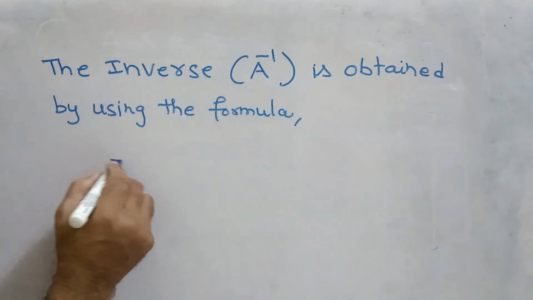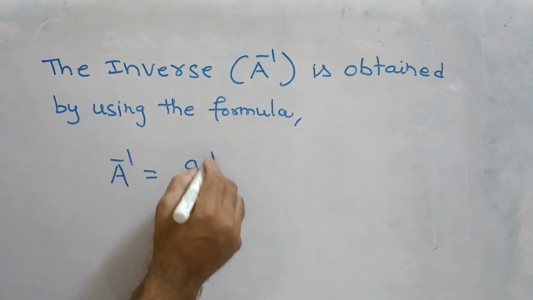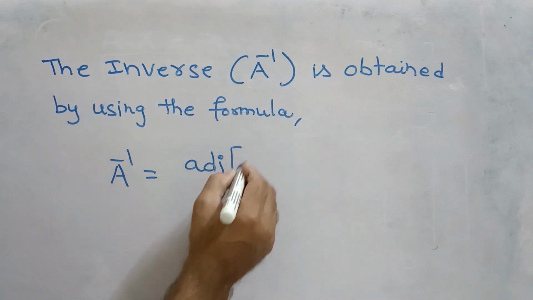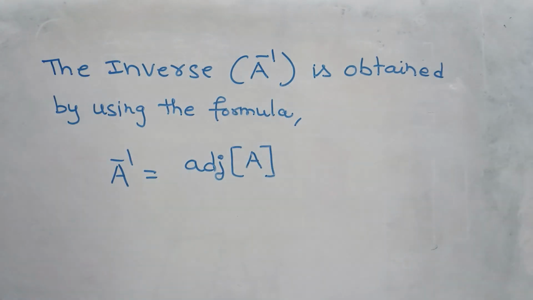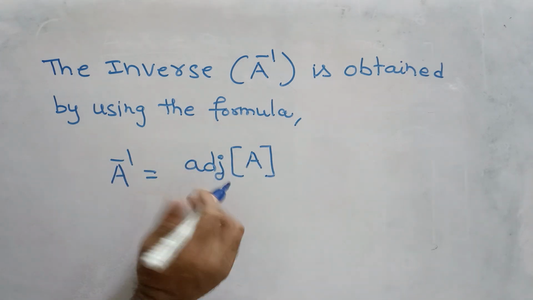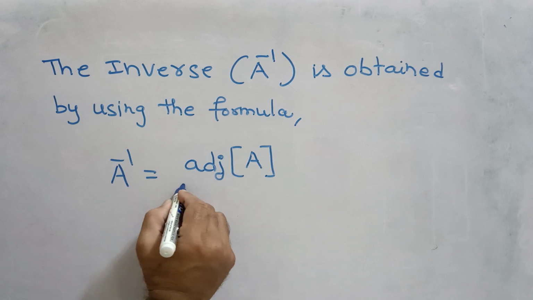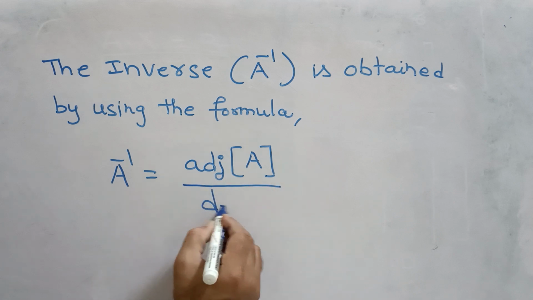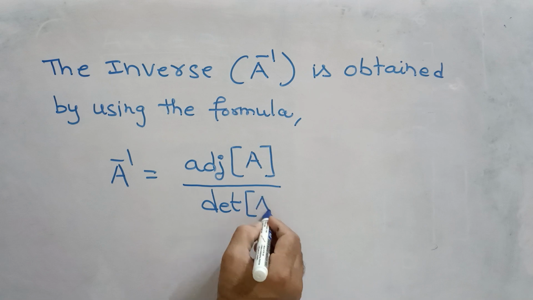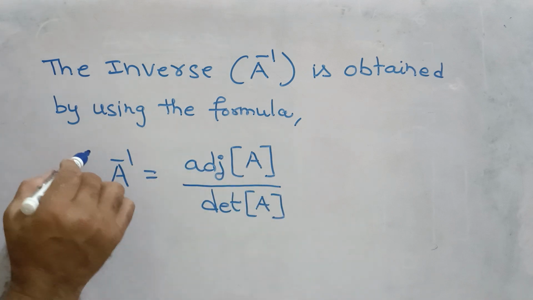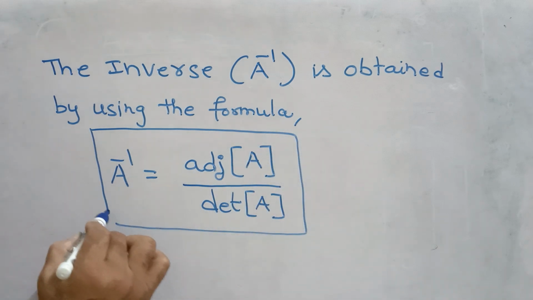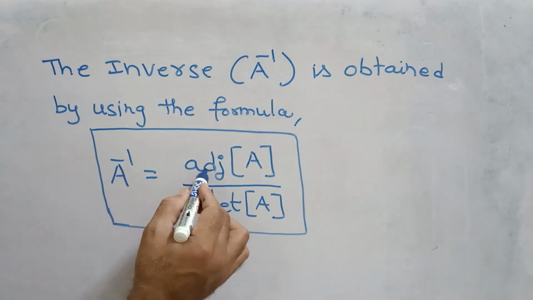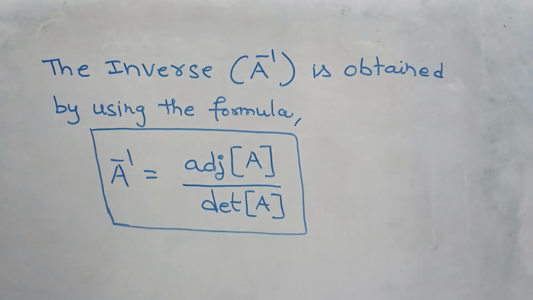A inverse is equal to adjoint of A. A is nothing but our actual matrix only, the 3 by 3 matrix. For that, we have to find out adjoint of A by the determinant of A. This is the formula, friends. To find out the inverse, A inverse is equal to adjoint A by determinant of A.